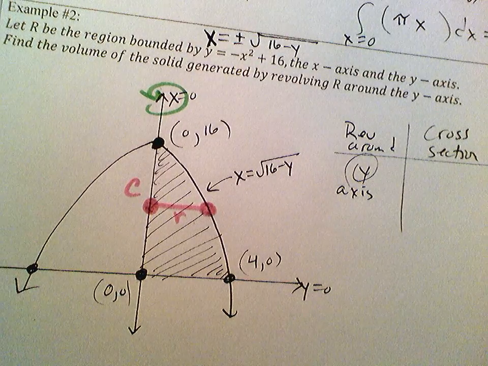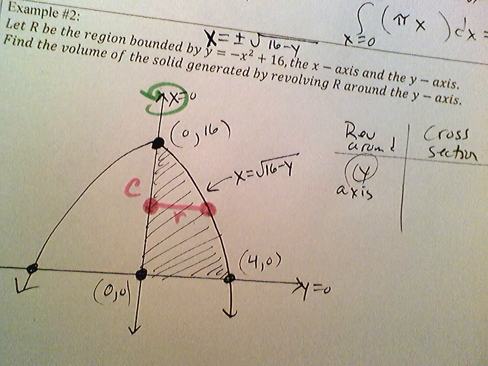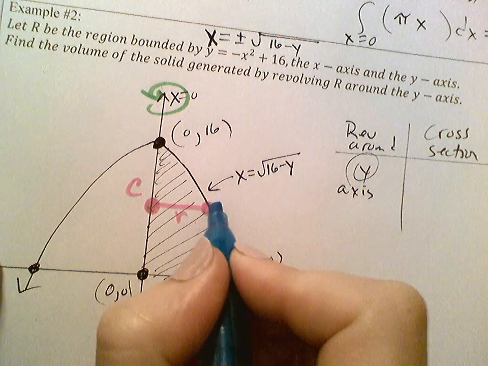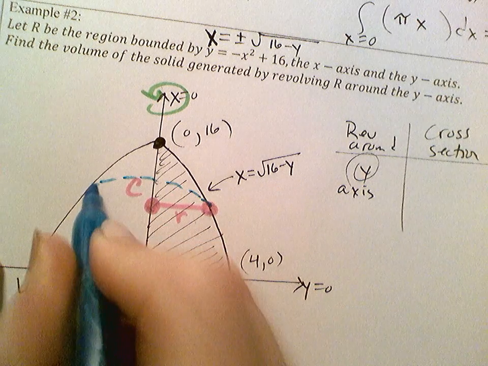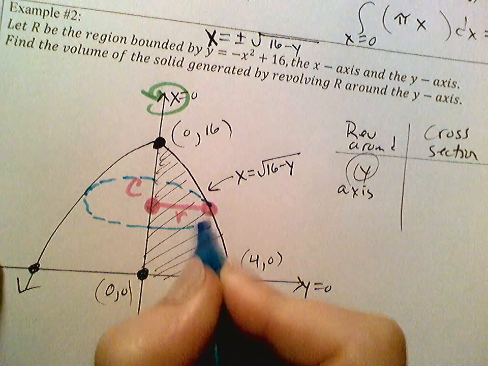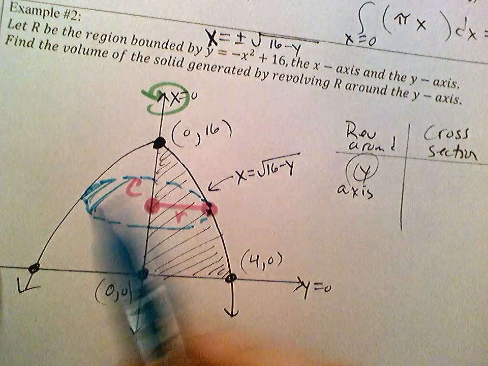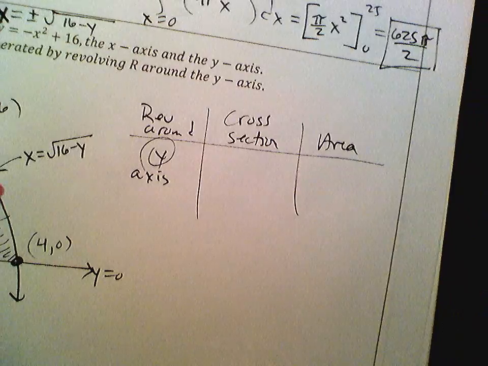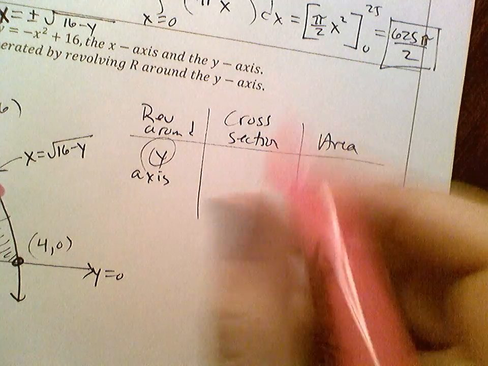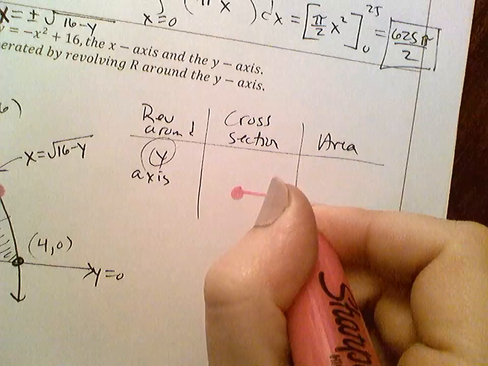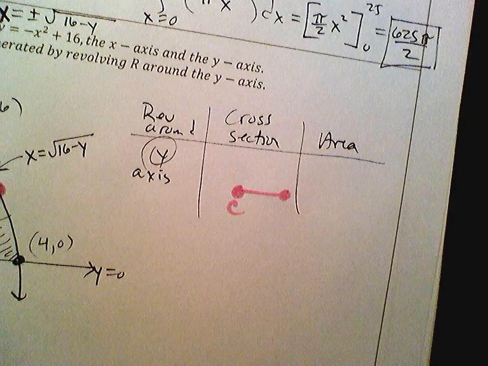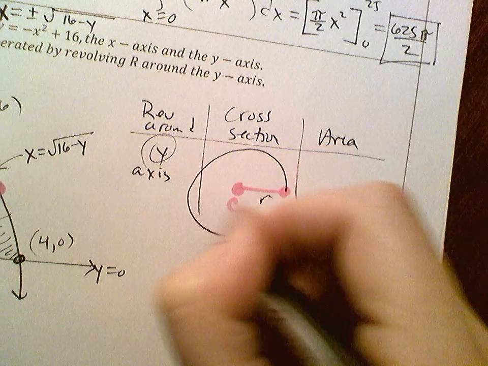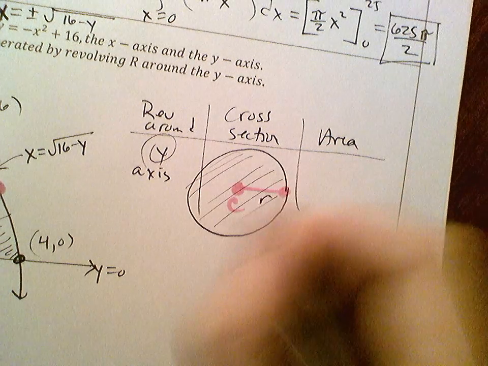And then I imagine when I'm rotating this, I get that cross section there. That disc right there is going to be our cross section. Then I go over to this cross section space. Here's the center, there's the radius. We get a disc when we revolve everything.